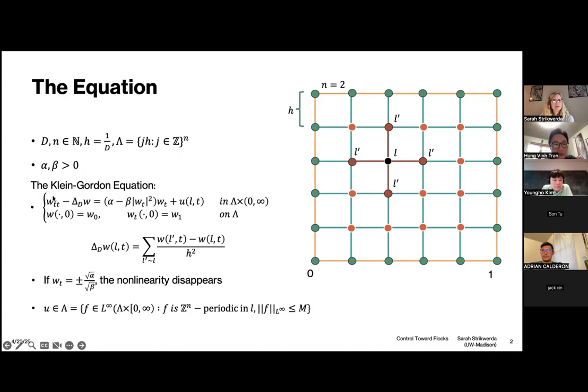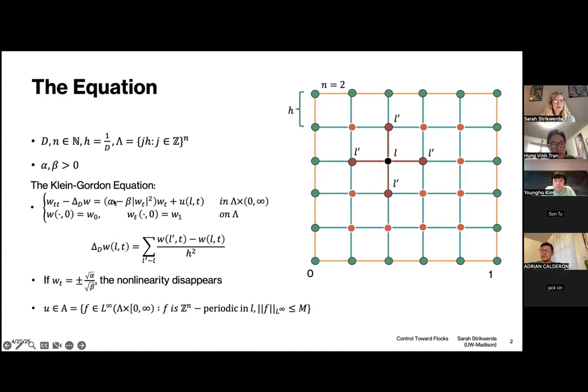So we have the typical wave equation here with the w_tt minus the Laplacian of w, although this Laplacian is the discrete Laplacian, so it's given by this formula. And it's depicted in this picture where if you have one node, the black node, we're looking at the difference between the function value at that node and the surrounding ones and adding all of those differences up and dividing by the distance squared.